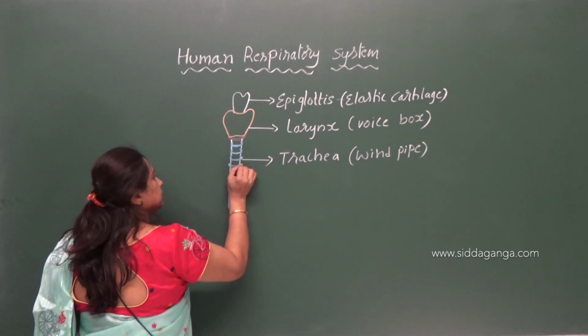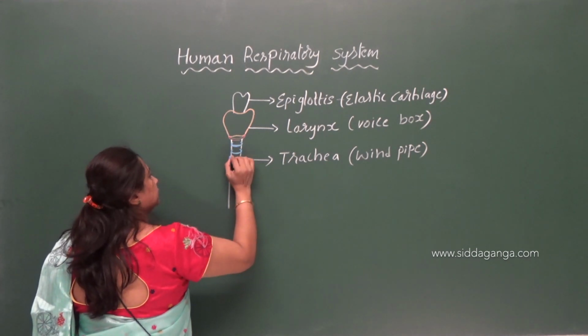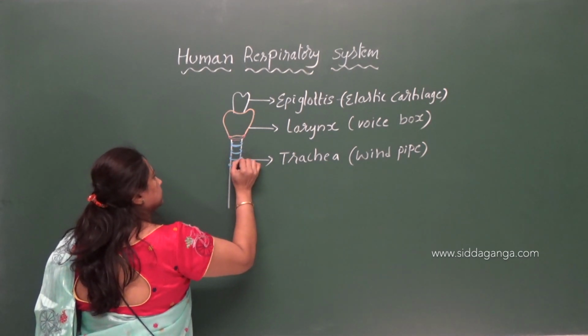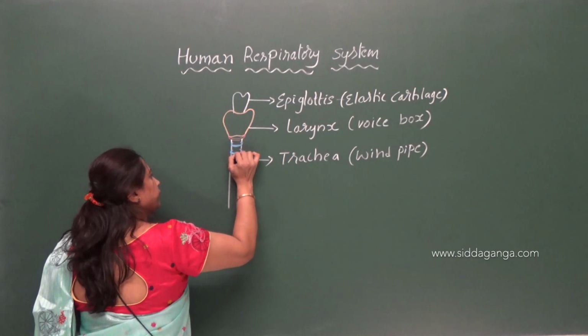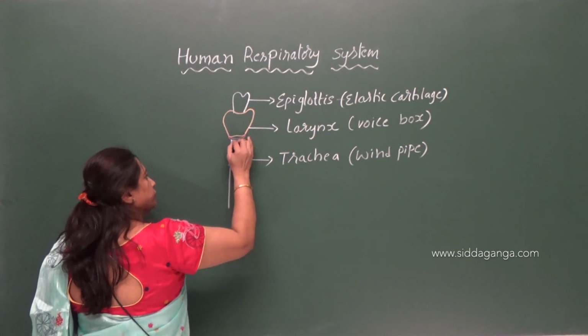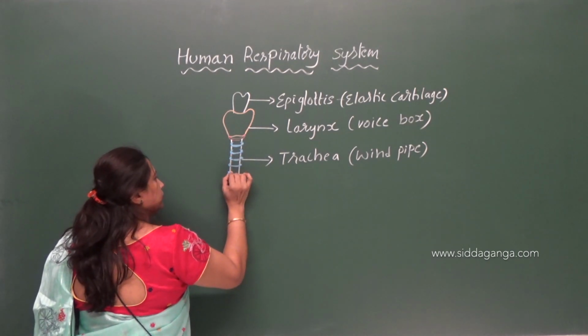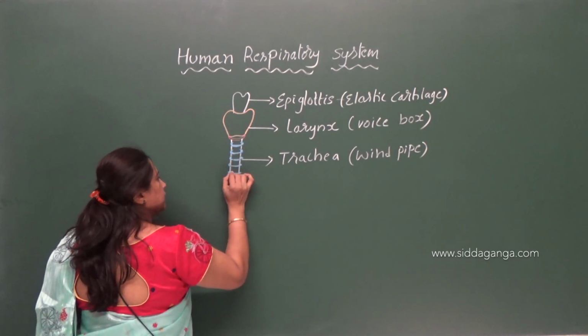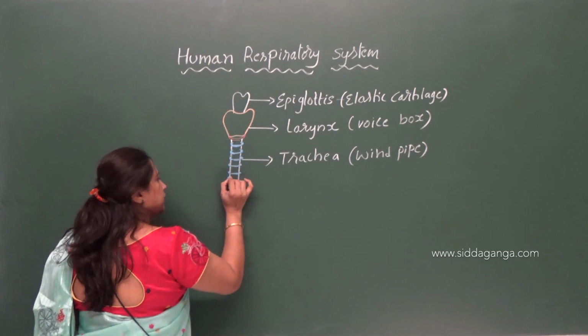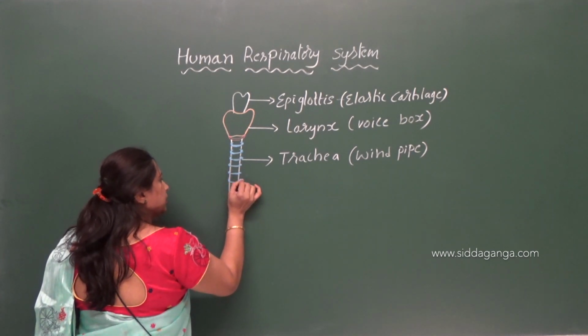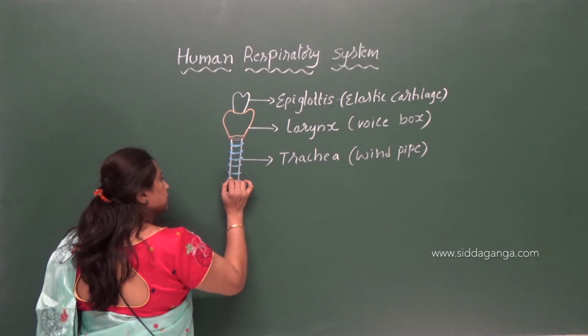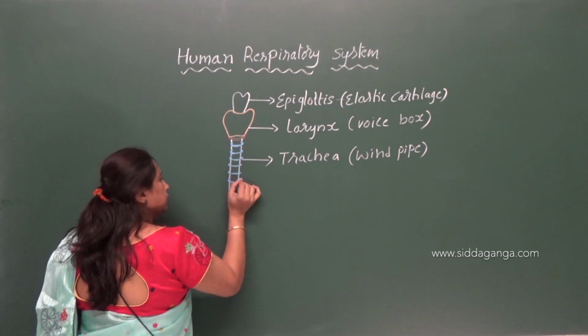So these are the cartilaginous rings, mainly meant for support. These are the C-shaped cartilaginous rings which are stacked one above the other.